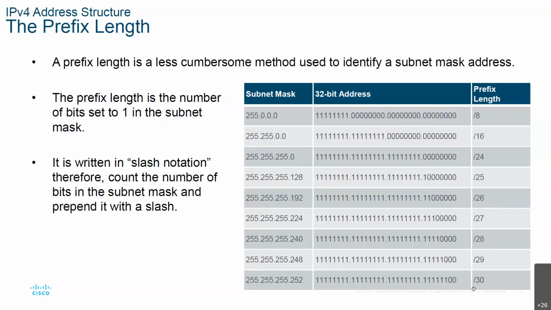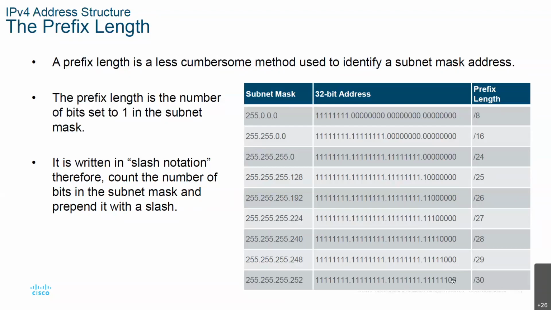The last one is /30, whereby you have got 30 network portion and the host portion is only 2. If you remember the formula, 2 to the power of 2 minus 2, that means we can have only 2 devices, only 2 hosts in this network.